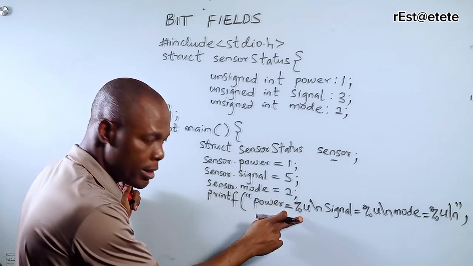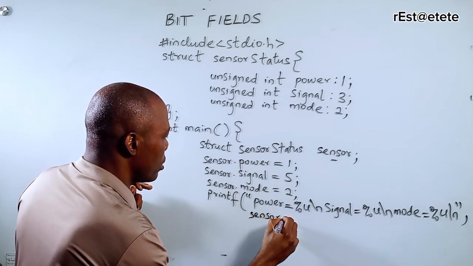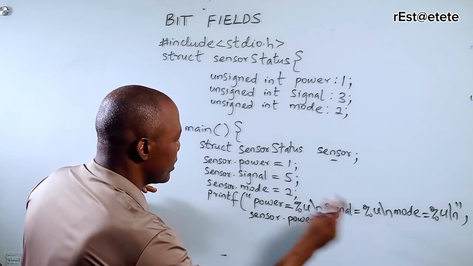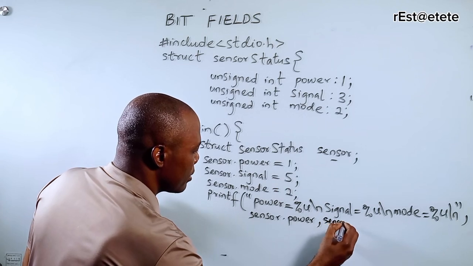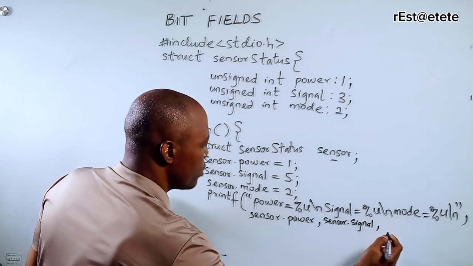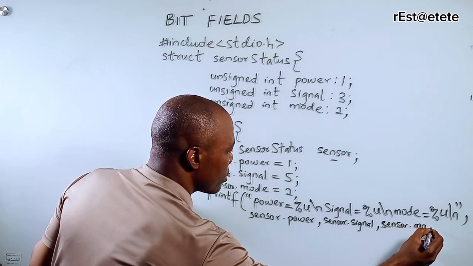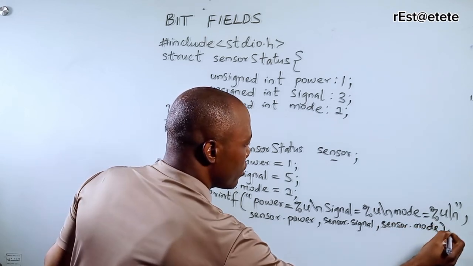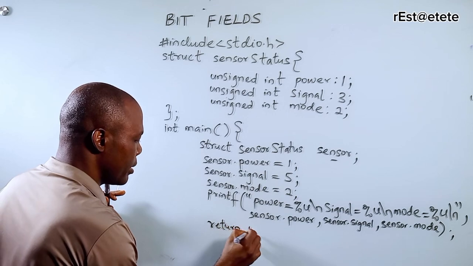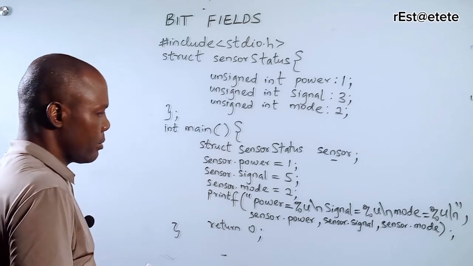So for this power, this expression will require sensor.power, comma. For this signal, sensor.signal, comma. For this mode, sensor.mode. Right? Then I'll close this. I'll close this. Now here I'll say return 0. Then I'll close this. So this is my program.